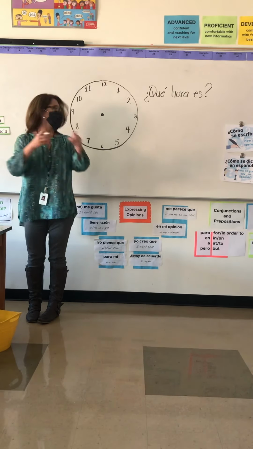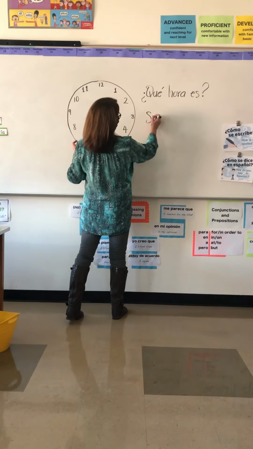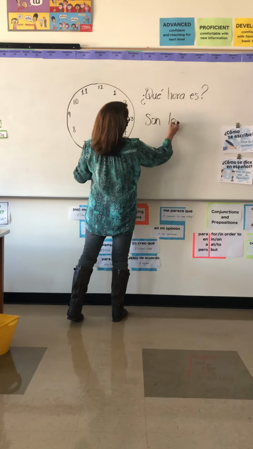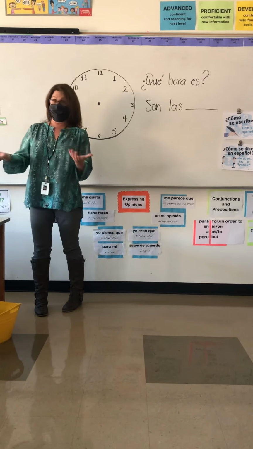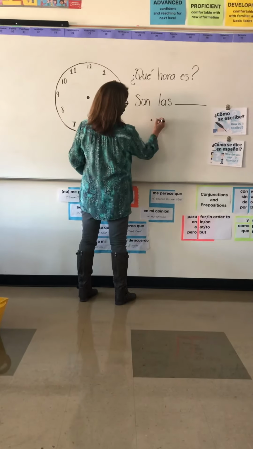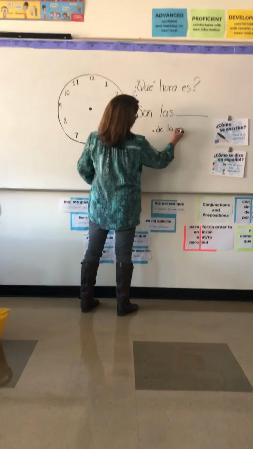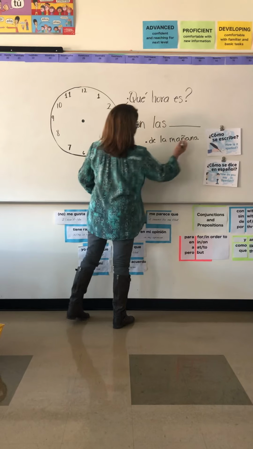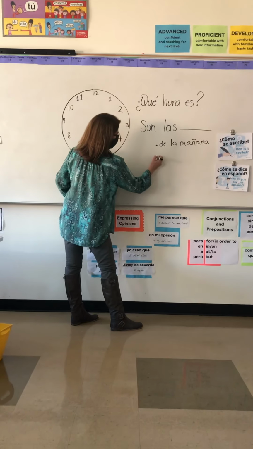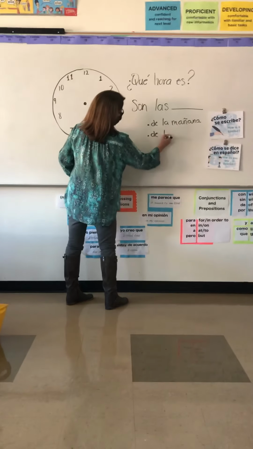Son las. Yes, you use son las, and then you say the time. Now you can say de la mañana if it's in the morning. And if it's in the afternoon or evening, you can say de la tarde.